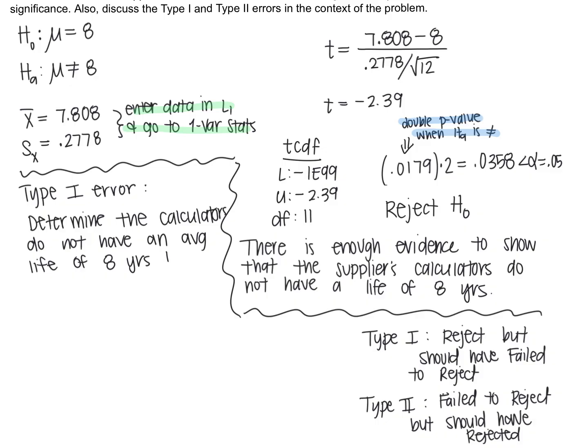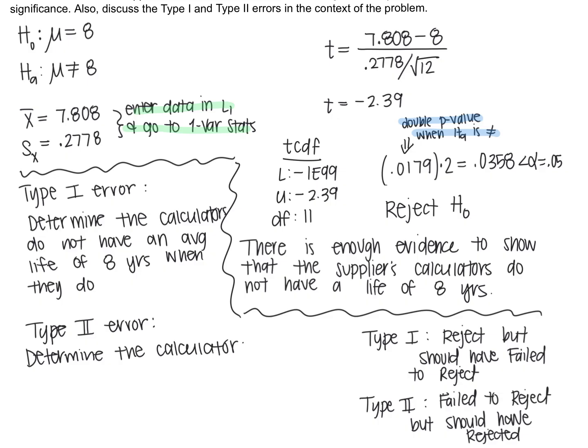So then you would say when they do. And then our type 2 error would be the opposite. So you determine the calculators do have an average life of 8 years when they don't.